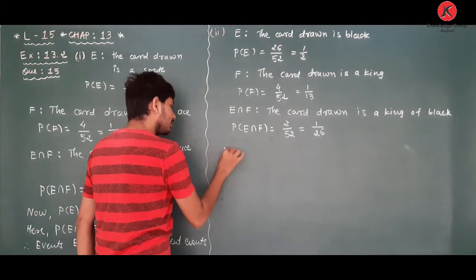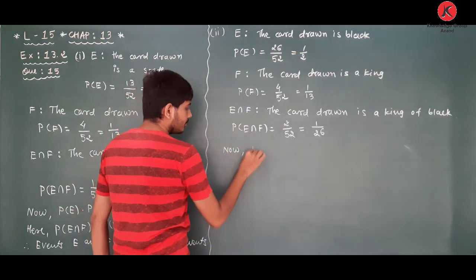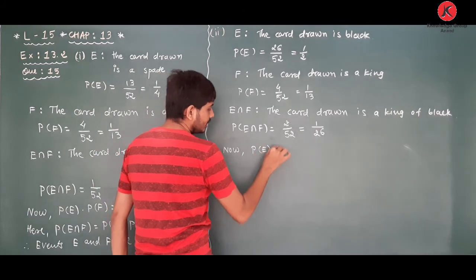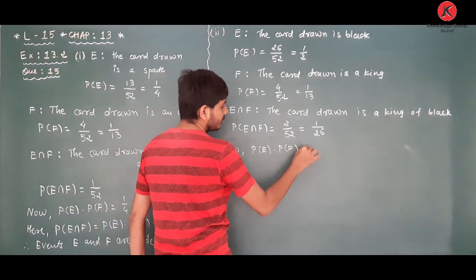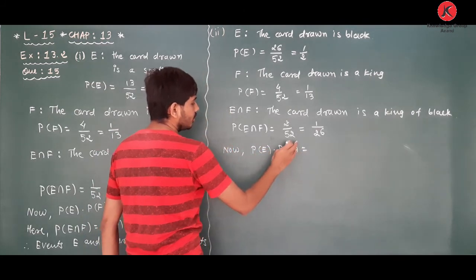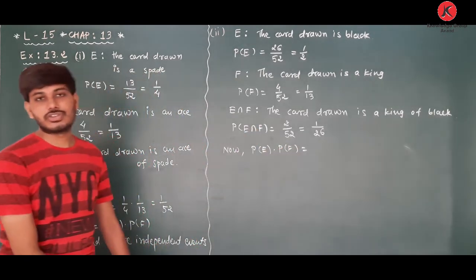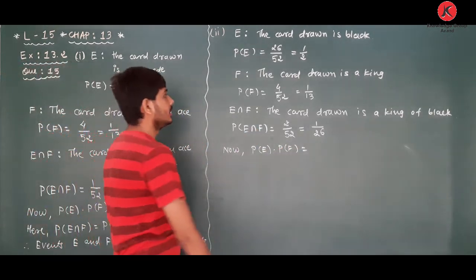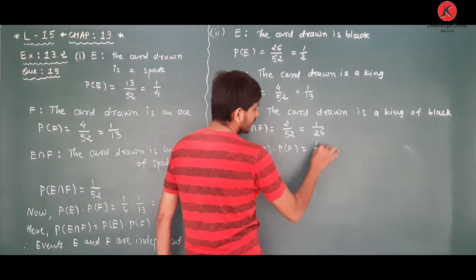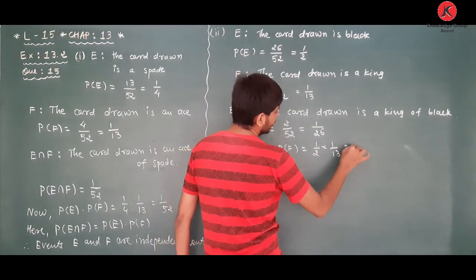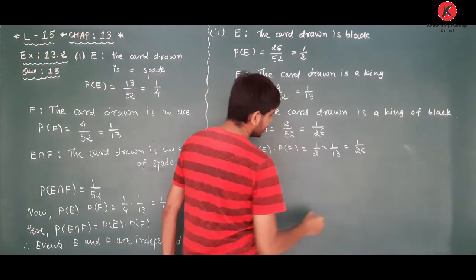Now check the multiplication of the probability of E into the probability of F, whether it equals the probability of E intersection F. Therefore 1 by 2 into 1 by 13 means 1 by 26.